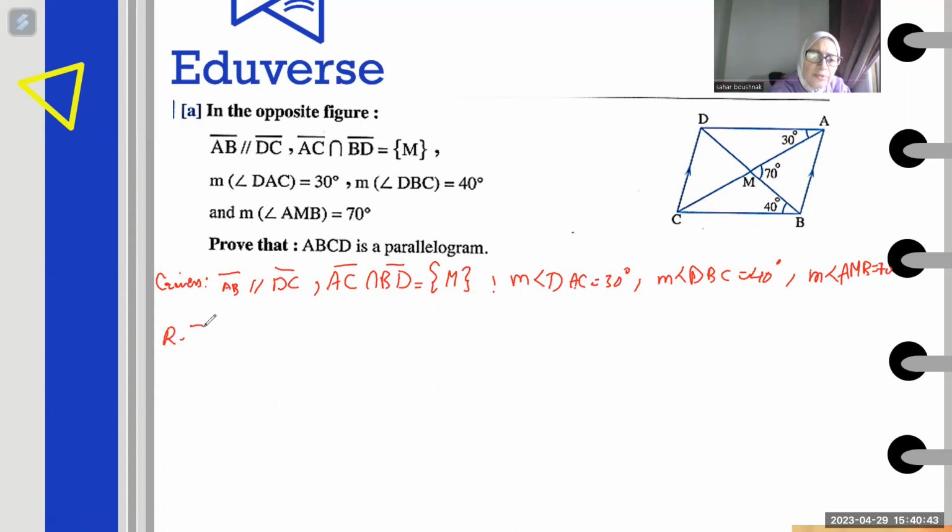Required to prove: ABCD is a parallelogram. Proof.